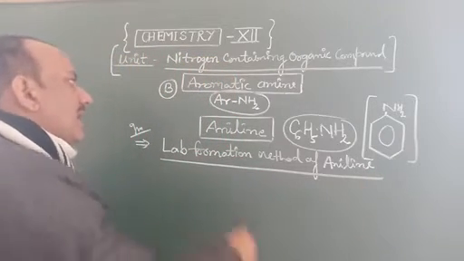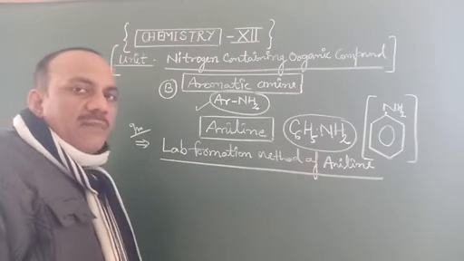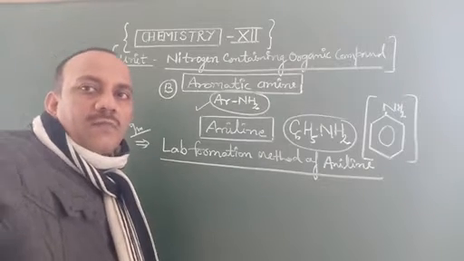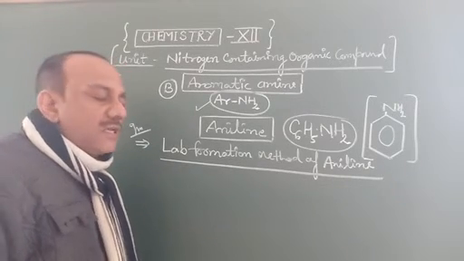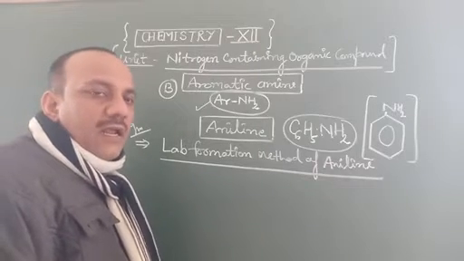Aniline is an aromatic amine product. It is made by reduction of nitrobenzene by tin and HCl.